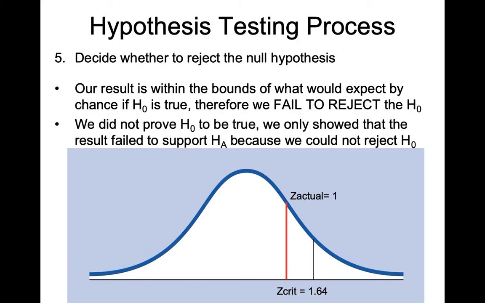So there's a little bit of nuance to it, and as we get to some of the upcoming topics, we'll get into this more, but we don't prove or support a null hypothesis. We just fail to reject it, right? We say that our study was inconclusive. So that's a little bit of nuance, but I'll get into that in subsequent lectures.